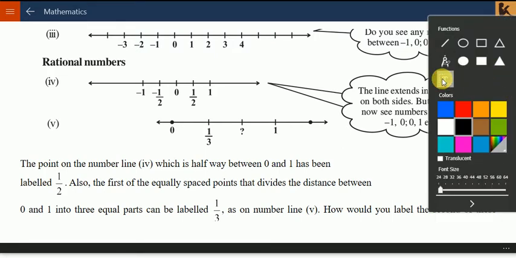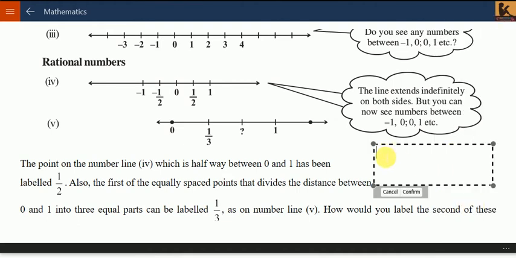So let's say there are numbers A and B, and you have to find one number in between them. That number will be equal to A plus B divided by 2.